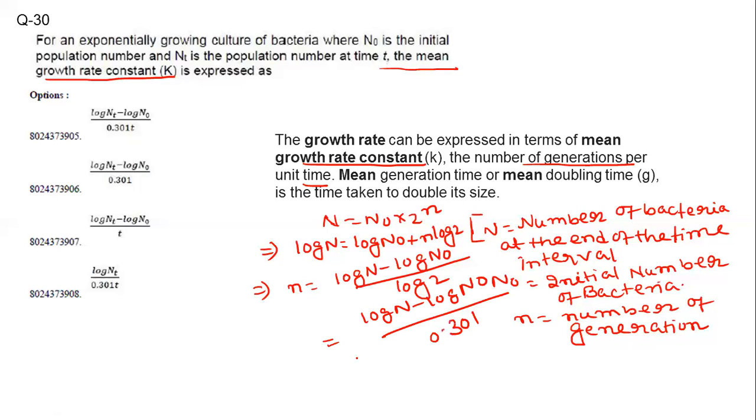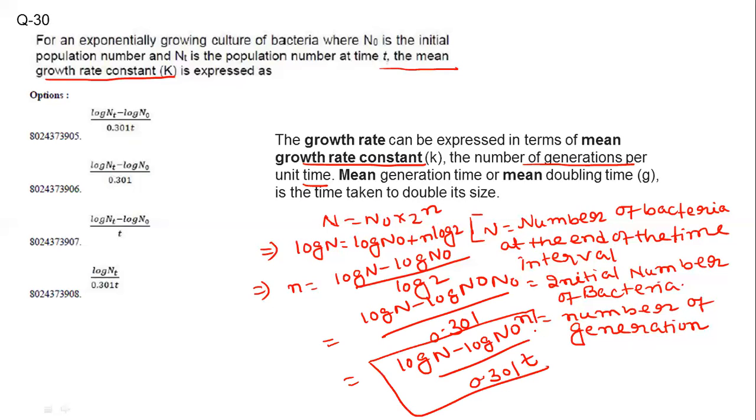Since this is per unit time, you also multiply by t. So k equals log N minus log N0 by 0.301 t. This is the mean growth rate constant k. So option 1 is the correct answer: log Nt minus log N0 by 0.301 t.